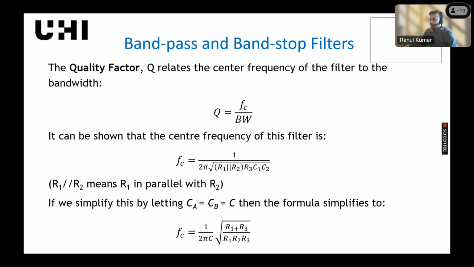Because it is a band pass filter, we have a center frequency FC, which is used in the formula for quality factor. Although maybe you don't need to remember these formulas for the exams.